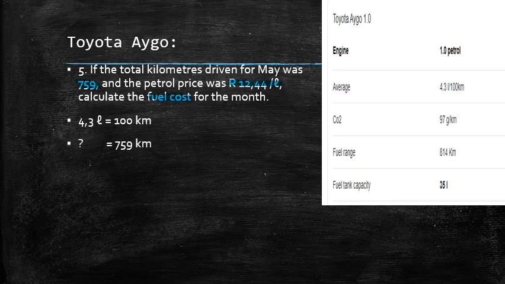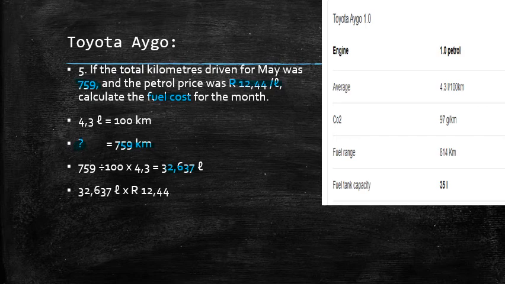So underneath kilometers, we'll put the 759 kilometers and a question mark over there. Now you guys know it's going to be divide up, multiply across, and that gives me 32,637 liters. And if I multiply that with the petrol price, I end up with a total cost of 406,00428, which we know we can round off to 406 rands.